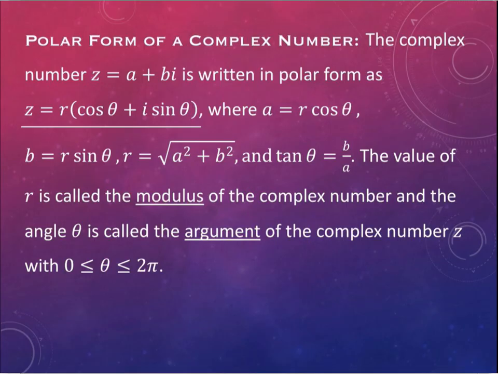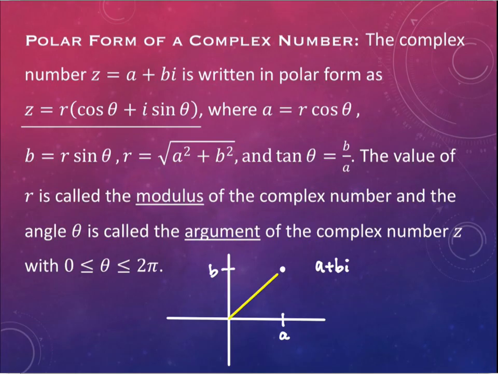So I want to just quickly graph for you what that a plus bi business looked like before and give you a perspective of what r and theta are from this graph. So before we had a here, we had b here, we had this point, and it was a plus bi. Shake your head if that looks like a familiar picture. Good deal. And we talked about the fact that this length right here was the absolute value.